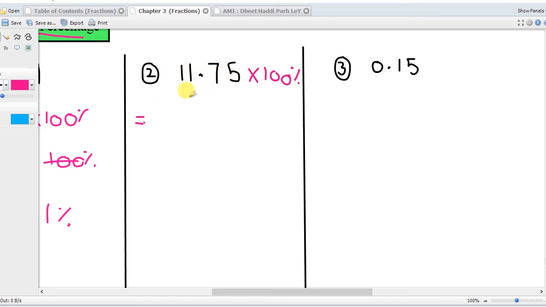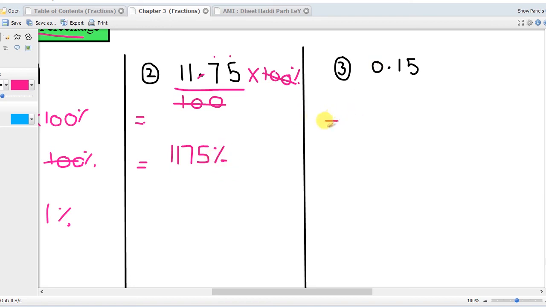In order to remove this decimal point, I'm going to divide, and instead of this decimal point, remove it and write 1. And see, how many digits are there after the decimal point? 2 digits, so write 2 zeros. Now this 100 will be cancelled out with this 100, so the new number we are left with is 1175%. Got it?